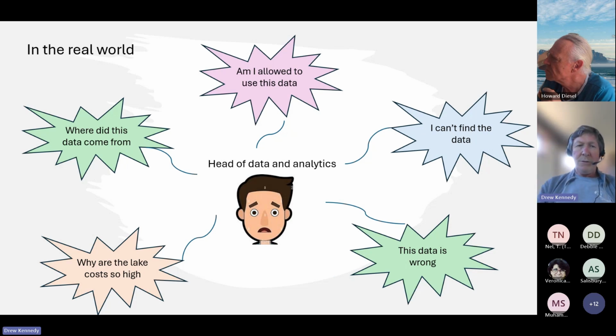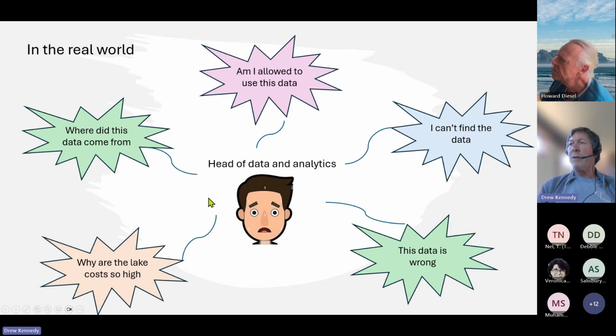I'm certain that there are other ones. It could be one person, it could be a couple of people, it could be different departments, it could be the chief data and analytics officer, it could be any one of a number of titles, but somebody is being asked these questions.